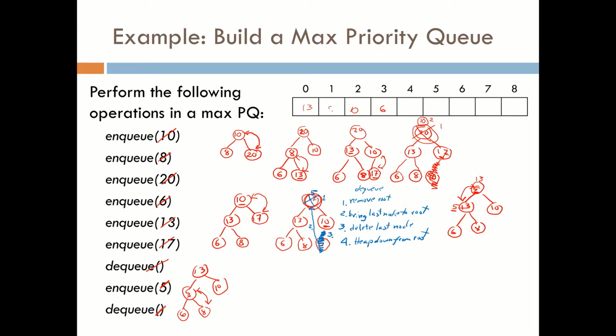So the 8 then ends up here, and the 5 ends up here. Okay, so let's take a look at what that looks like. The 8 is now here, and the 5 is now here. And we're going to continue to try to heap down the 5. Okay, so let's redraw the tree, and we're just going to follow the algorithm through until it terminates.